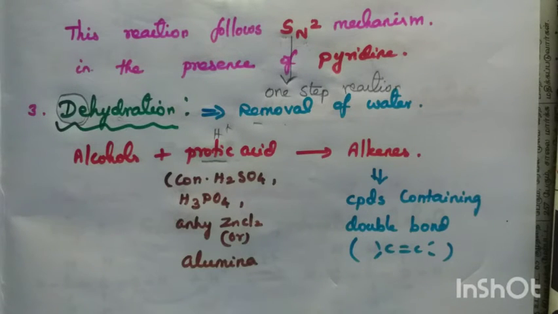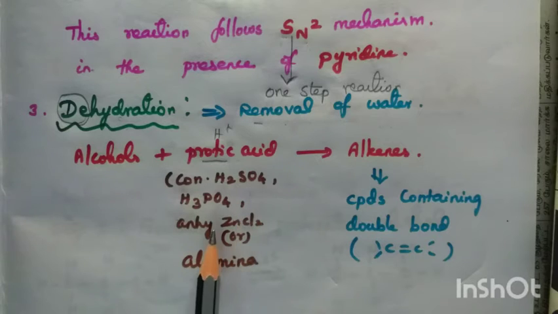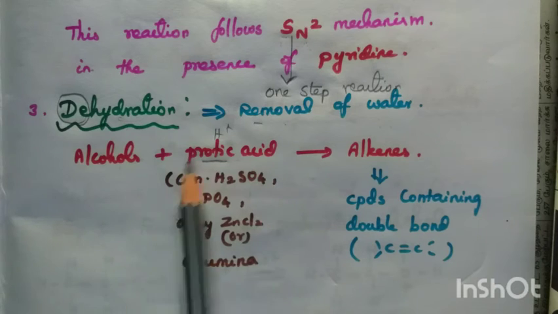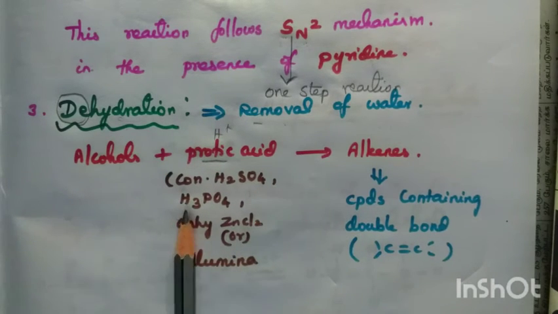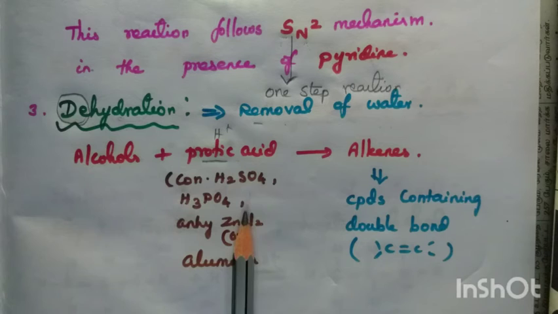An acid which contains the H plus is taken as a protic acid. What are the protic acids we are going to see here? Concentrated sulfuric acid, H3PO4, anhydrous zinc chloride, alumina. These are the dehydrating agents, having a proton.